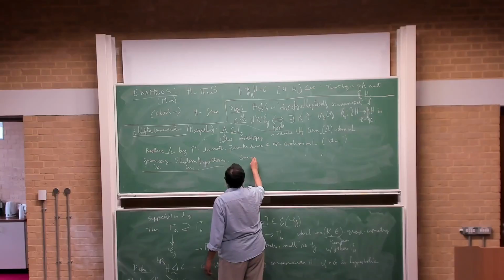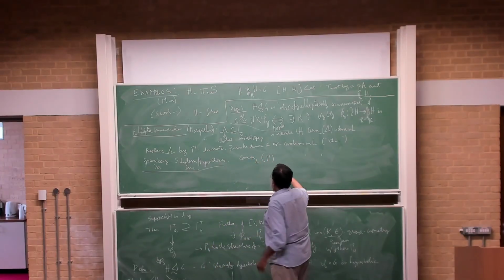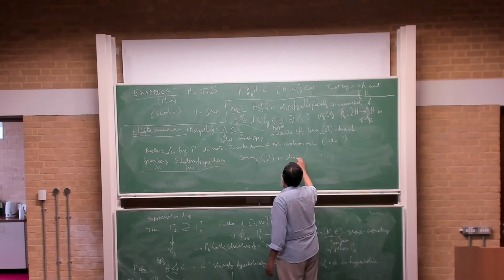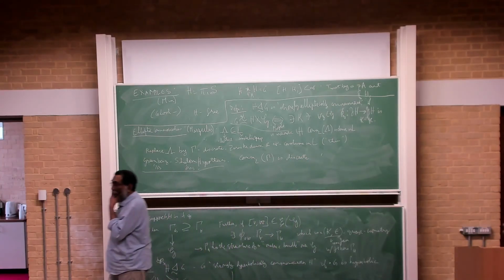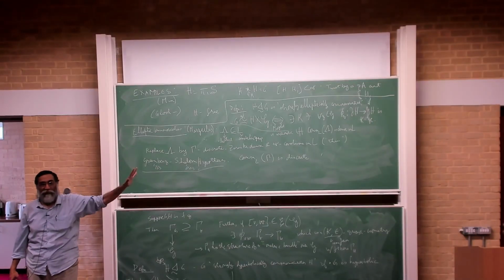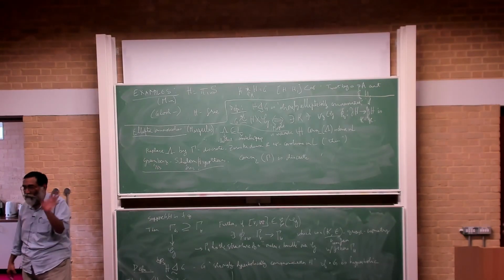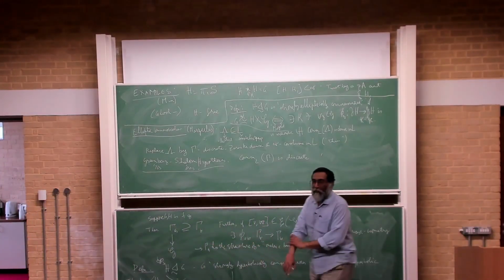Basically it says that the commensurator of such a thin group is discrete. It's a hypothesis, and I won't say whether I believe in it or not. That's going to be a theological discussion. Let's not put it there.